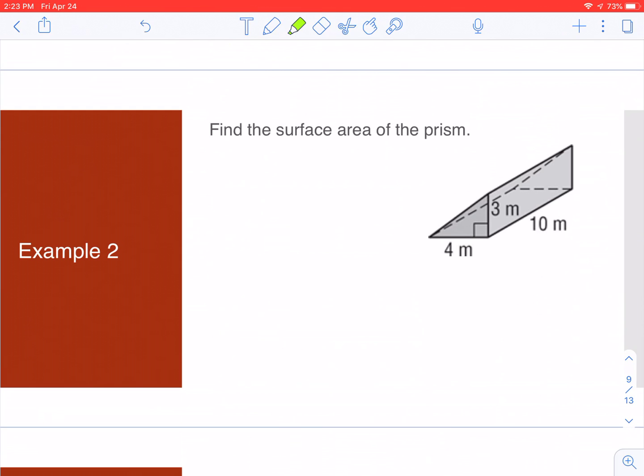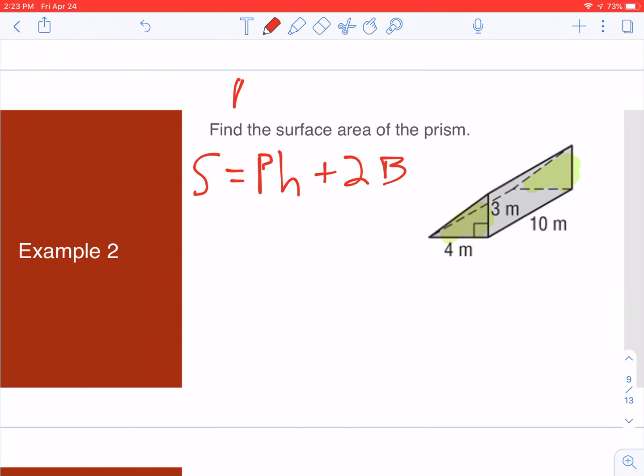Our 2 bases are the triangles. Why? Because they're parallel and they're congruent. Even though they're not the top and bottom, we still call them the bases. So surface area equals perimeter times height plus 2 times the area of the base.